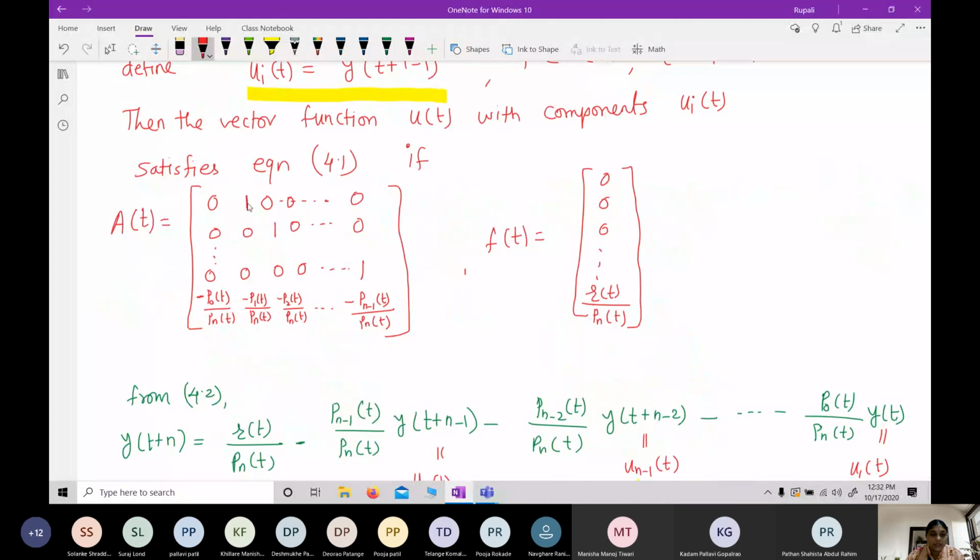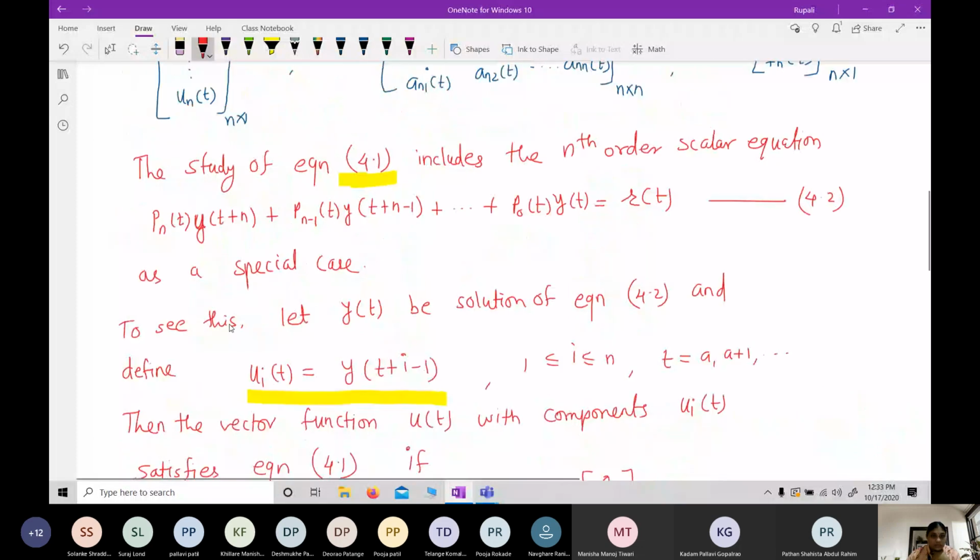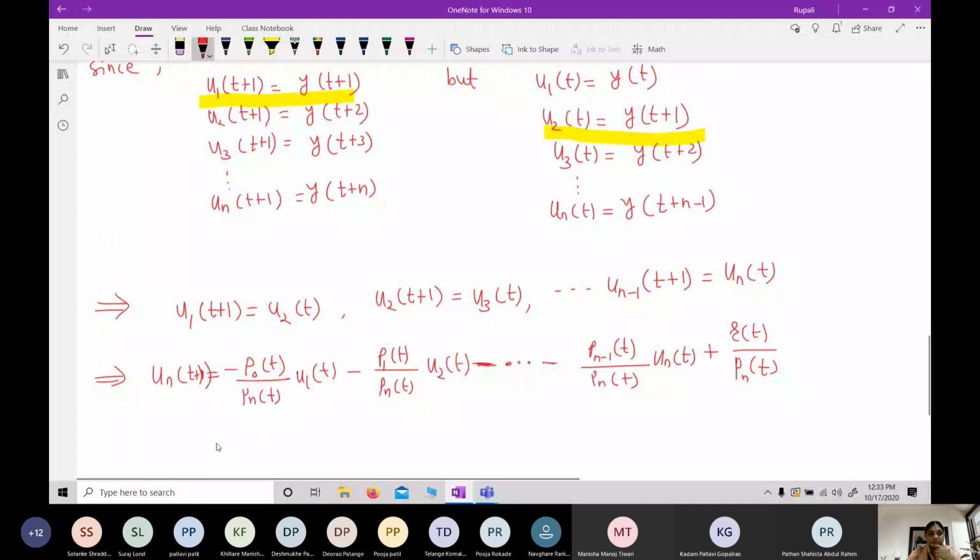So here second term will be 1, third term will be here 1. Here last term is 1, and last one, un t plus 1, we can write like this. Is that okay?